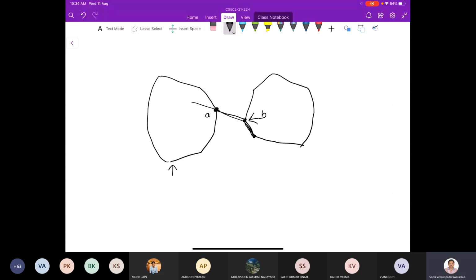Before this, we assume that the points on the left hull and right hull are both given in counterclockwise order. So counterclockwise order means maybe this is 1, 2, 3, 4, 5, 6, 7, 8, like this. Similarly here also, maybe you can use different names.